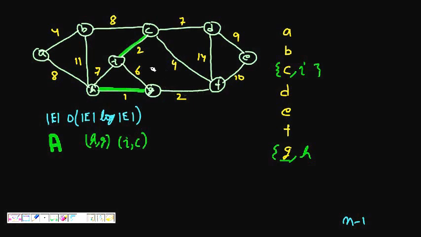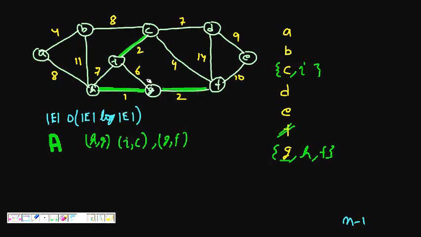Then the next smallest edge is GF. G is in this set and F is in that one, so they are in different sets. So I can add G comma F to the minimum spanning tree.